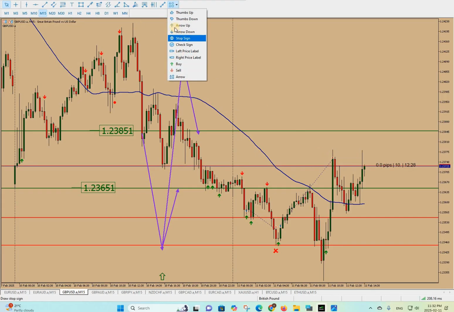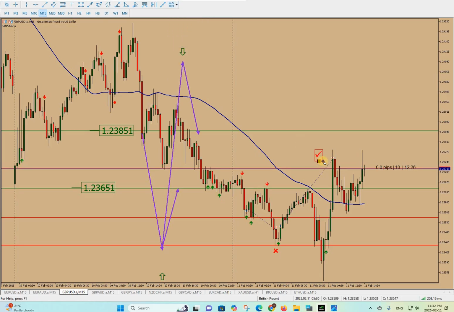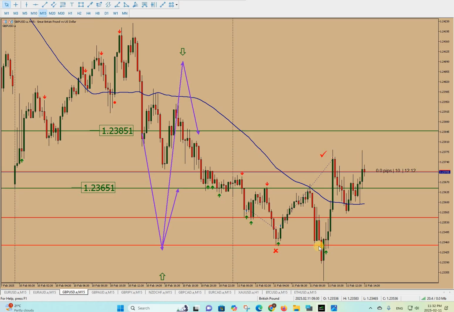Okay, this is happening. Let me tick that one. As you can see, again, I'll show you this. As you can see here, the market came down and now bounced back up again. So even in this scenario, okay, look at this. The market hit the level, did not close.